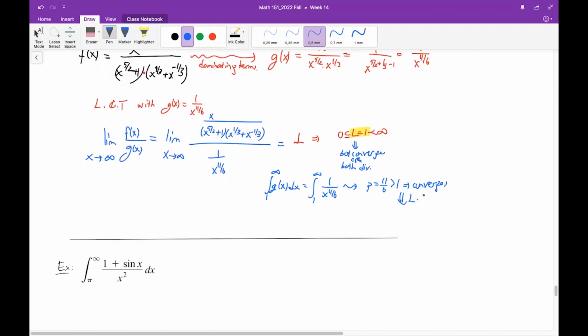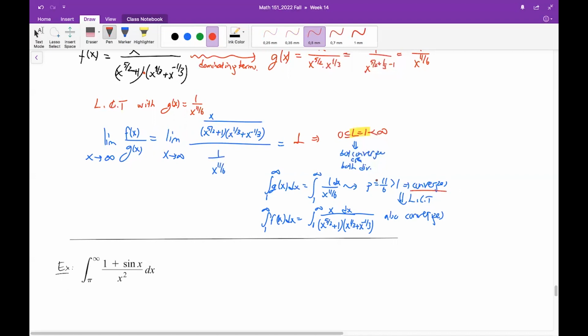That's why, by using the limit comparison test, the integral with f of x from 1 to infinity, let me write the function quickly here, x over x to the power 5/2 plus 1/3 plus x to the power minus 1/3, also has to be convergent because of the result that we found for g of x.